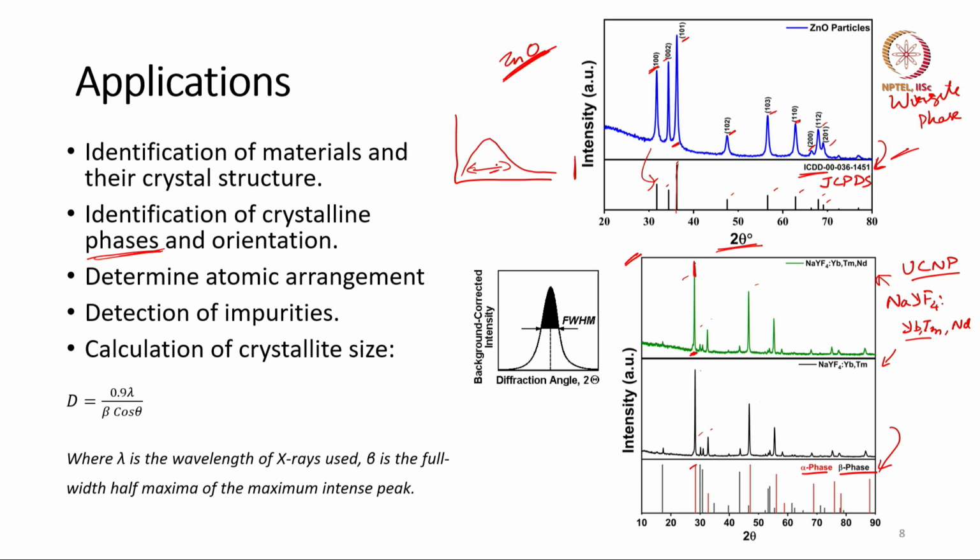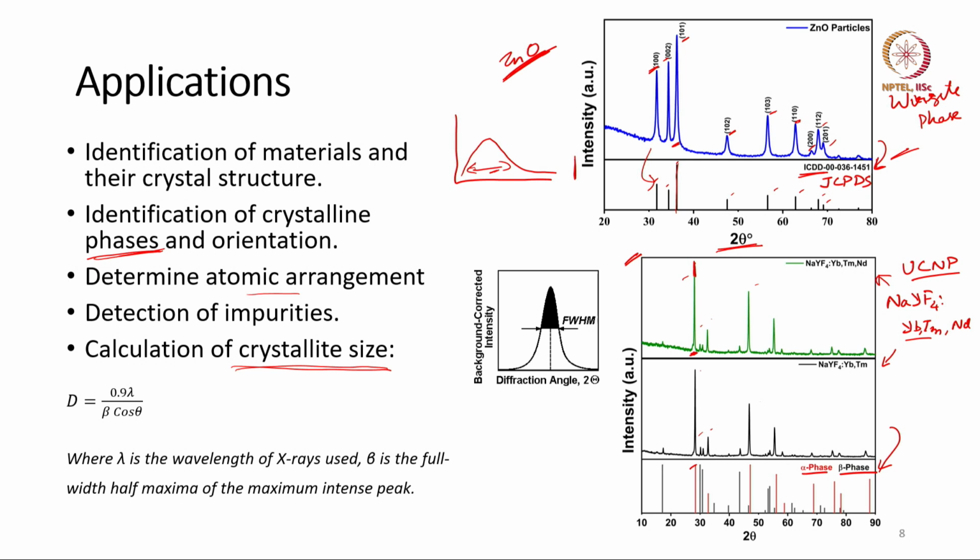Another thing that we could use the XRD for is the determination of the atomic arrangements and also calculation of the crystallite size. Now, what is crystallite size? As I already talked about, there are some crystals that are found in the materials.